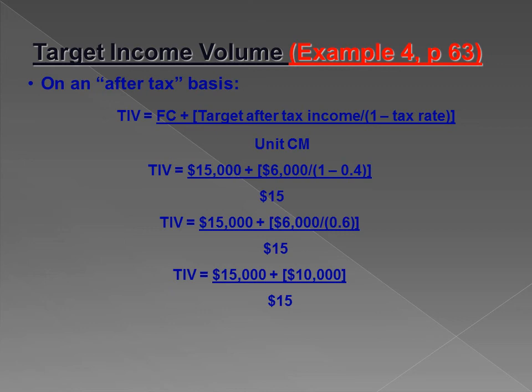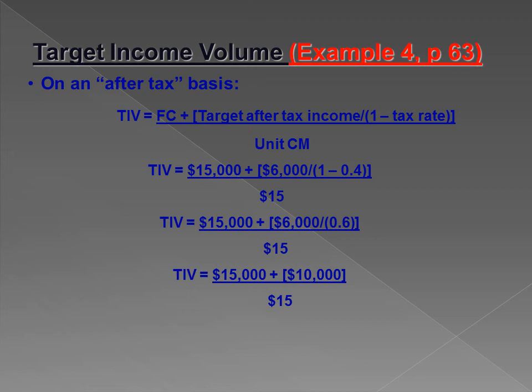After taxes, so we're assuming that your fixed cost is $15,000, your after-tax income desire is $6,000. After my taxes, I want $6,000. So you take that number and you have a 40% tax rate. So 1 minus 0.4, which is 40%, gives you 0.6.